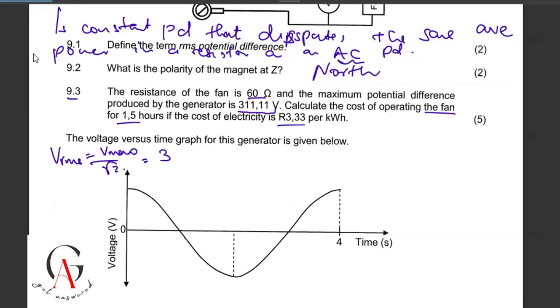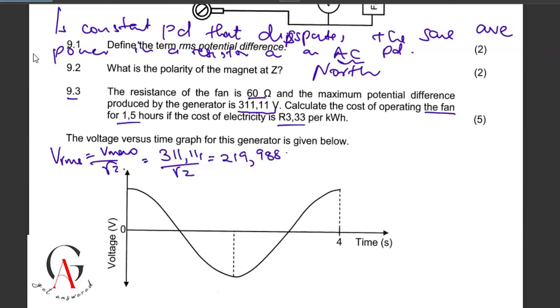So 311,11 divided by square root of 2. What does this give us? Okay, this gives us 219,987,988, which is approximately 220.